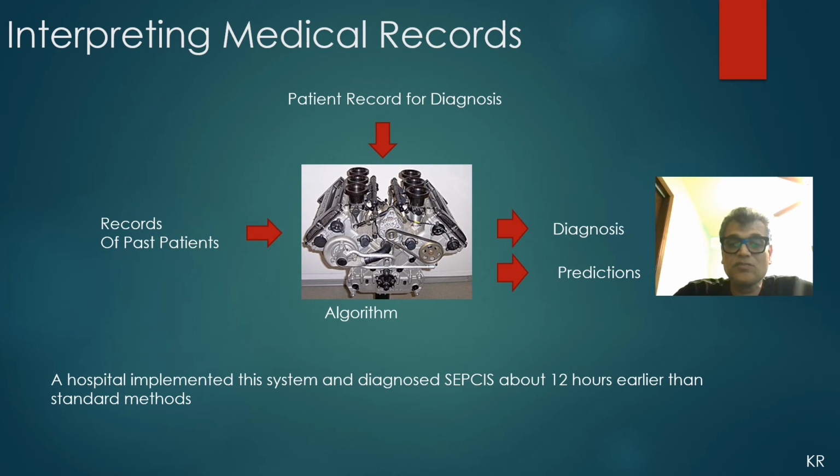In this scenario, they were able to determine whether a patient had sepsis 12 hours earlier than traditional methods. And in the case of sepsis, 12 hours can distinguish between life and death. So this is a classic case of leveraging technology, artificial intelligence, and machine learning to save lives.